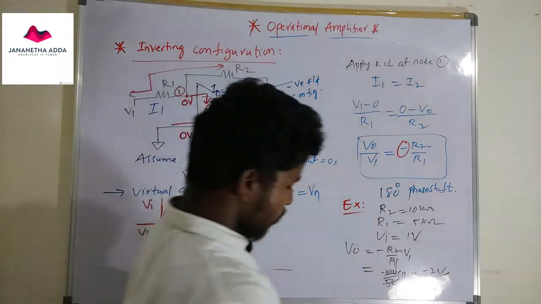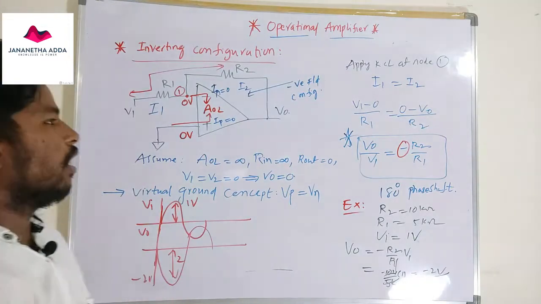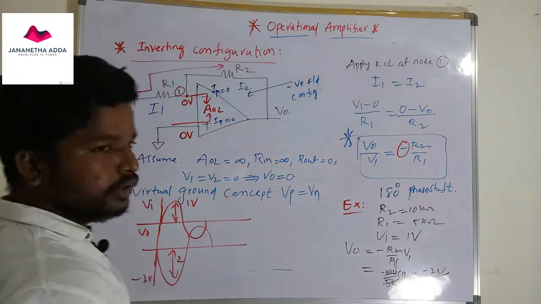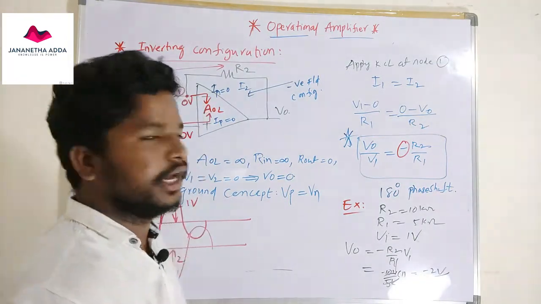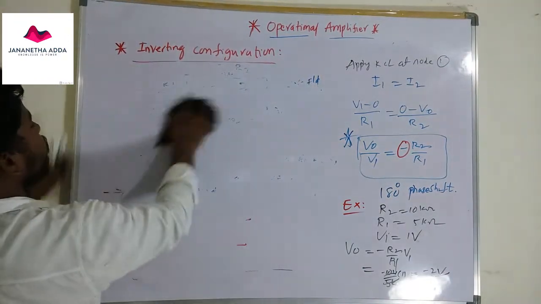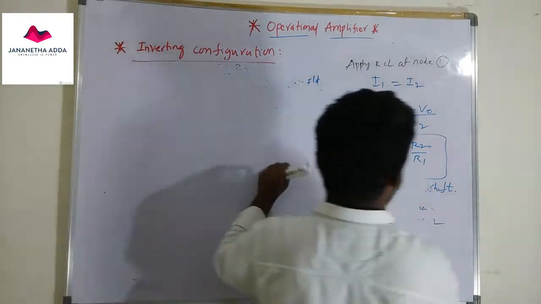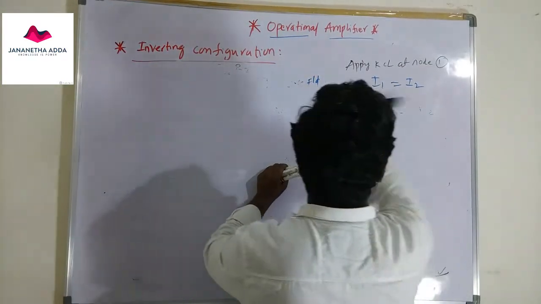So this formula is very important for solving all problems which are encountered in IES and GATE. We will also discuss the non-inverting configuration of operational amplifier, and solve some numericals of that configuration.